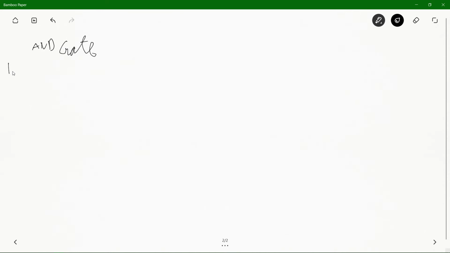So, till my entity part, my compiler is making this block A, B, C, and it is giving the name to be AND gate.